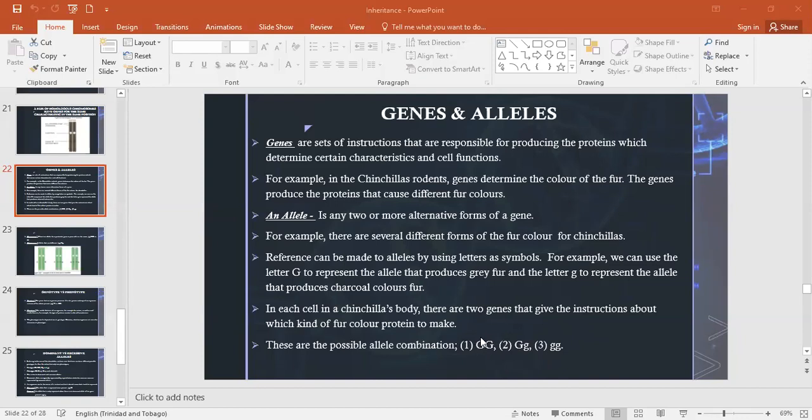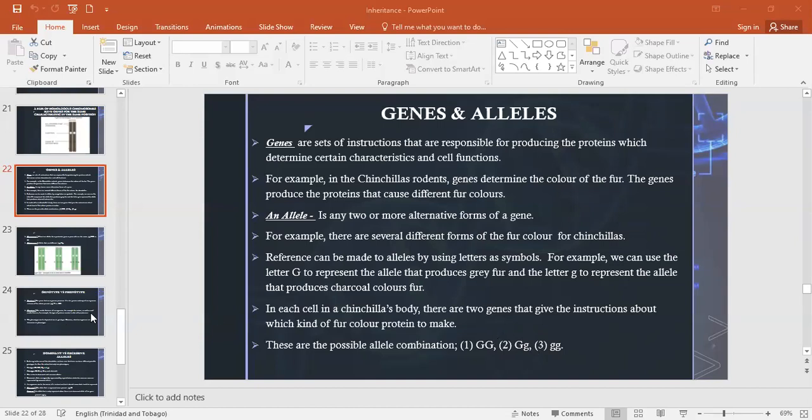So you could end up with a rat that has all gray fur, or a rat that has charcoal fur. Or even if it has the main gray, it will have the possibility of getting charcoal fur.